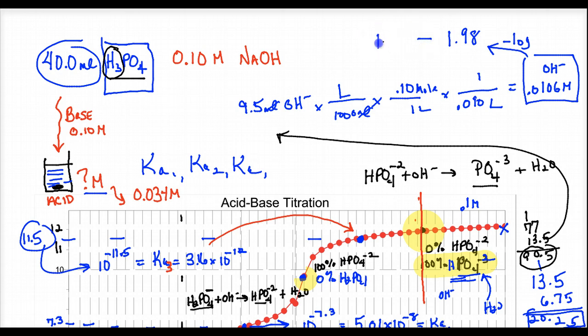Subtract that from 14, because the pH plus the pOH equals 14. So we do that, and we get the final pH to equal 12.0, rounded. And that's essentially what I was getting at.